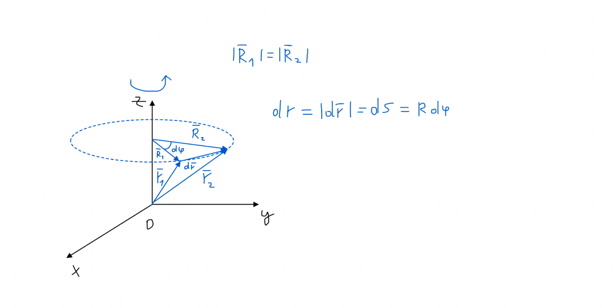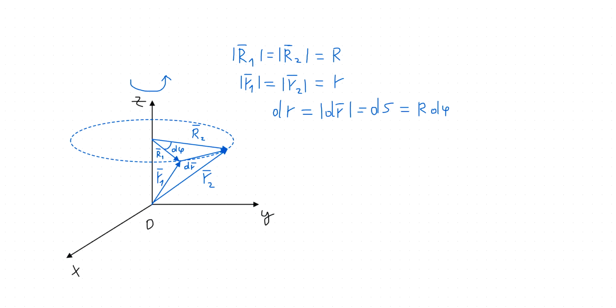So the absolute value will be the same, and we can write it as R. The same will be true for these radius vectors: the absolute value of r1 is equal to the absolute value of r2, and this is equal to r.